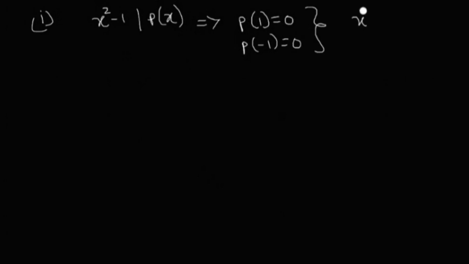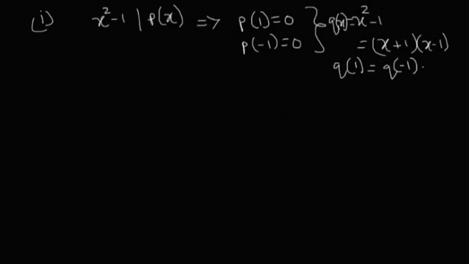This is because x^2 - 1 equals (x + 1)(x - 1). If this is q(x), q(1) and q(-1) are both 0, so if this is the case, then this should also be the case.